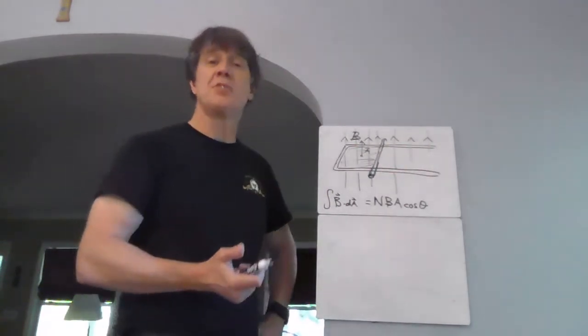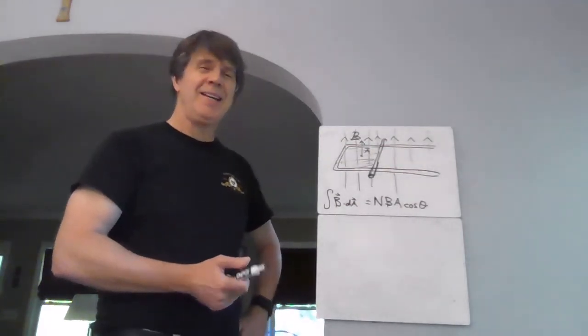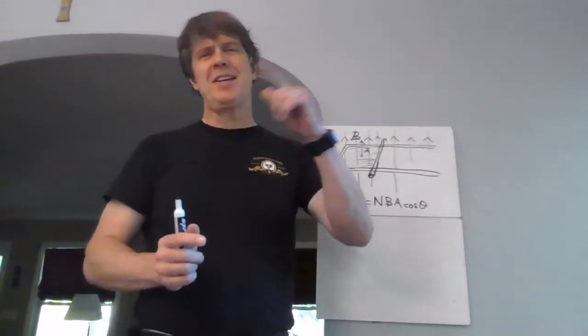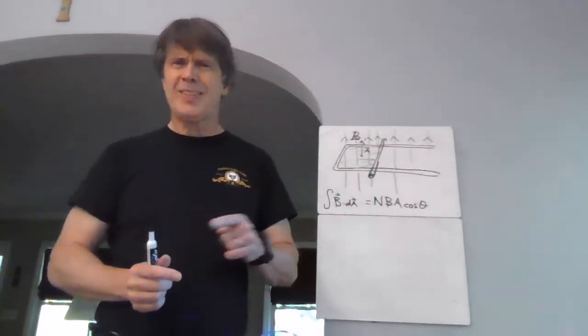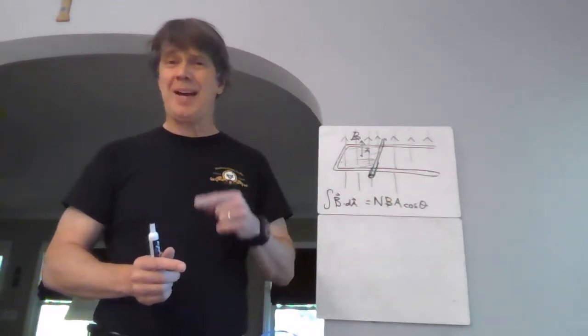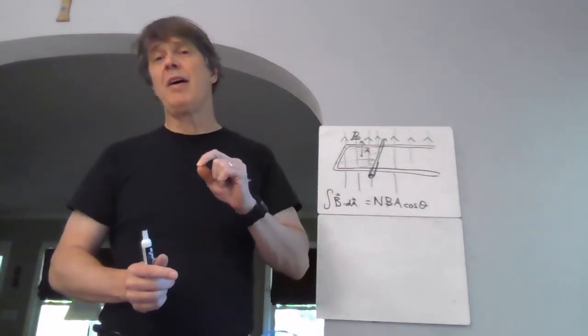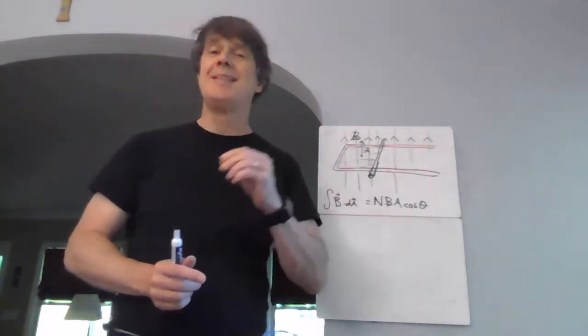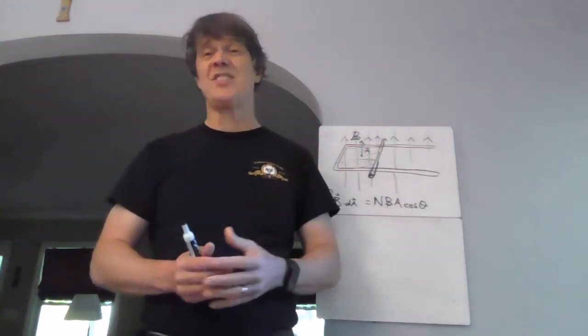So what does Faraday's law say? It says that E dot dl taken around a path is equal to the time rate of change of this. Now, E dot dl taken around a path is an electric field times a distance, and that gives you newton meters per coulomb. That's volts.